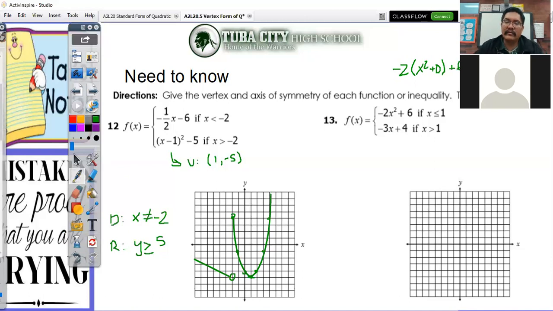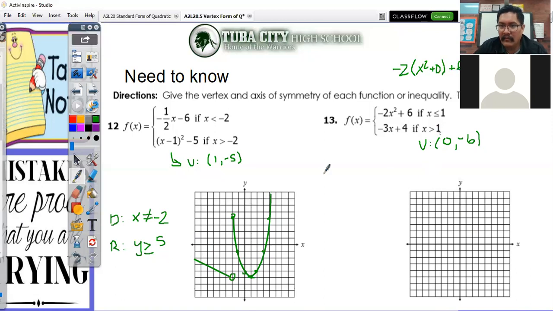I rewrote it to look like vertex form because if you were looking at this, you might think it was the other one, standard form, ax squared plus bx plus c. But anyway, now we can see our vertex. The vertex in this case is going to be 0 because I don't have anything in here, and -6. So that outside number does not change.